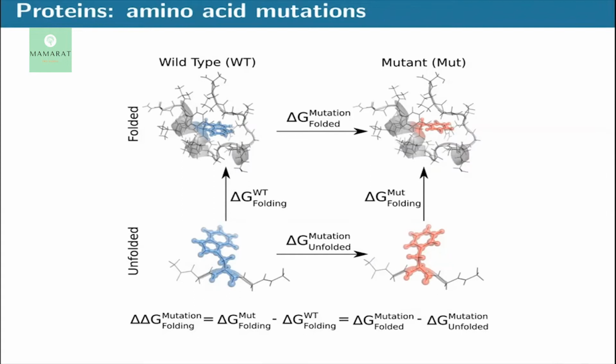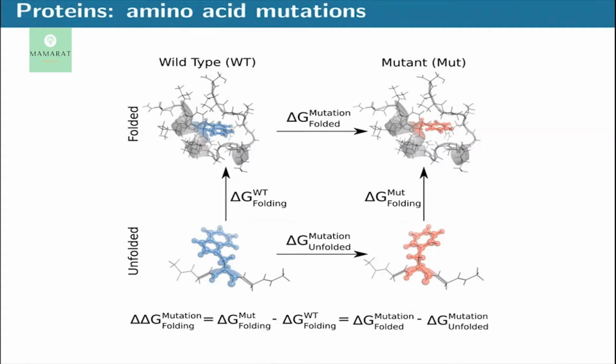So we could naively think we could calculate this by going in the vertical line, so performing the actual folding simulation, so one folding simulation and another one for the mutant, and taking the difference of these two potentially well converged free energy estimates.